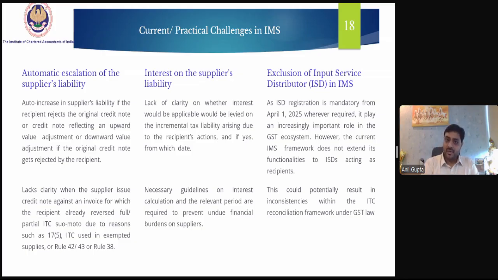From the date of reporting of the invoice in GSTR1, or the payment or the rejection of the invoice by the recipient, or from GSTR3B filed by the supplier. So there is a lack of clarity from which date the interest should be calculated. Necessary guidelines on the interest calculation and the relevant period are required to prevent undue financial burden on the suppliers.